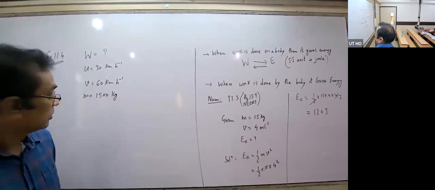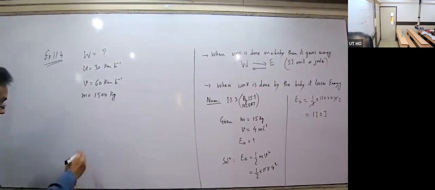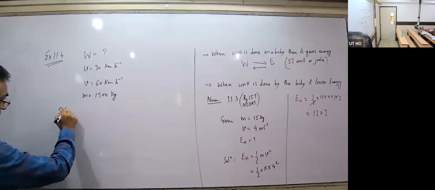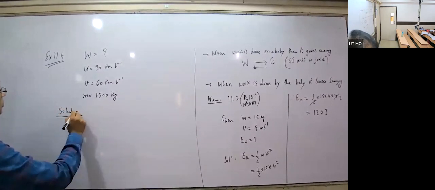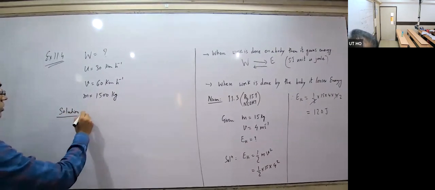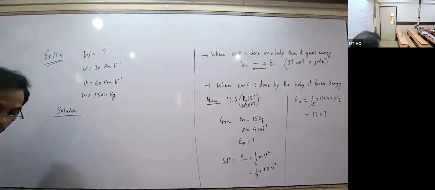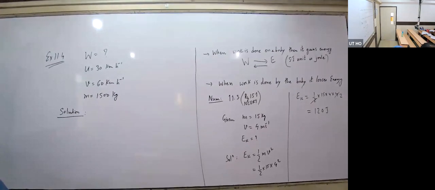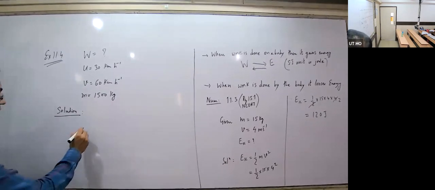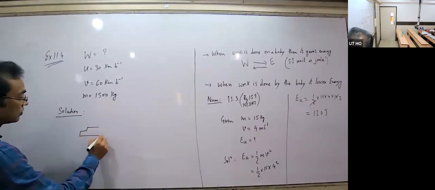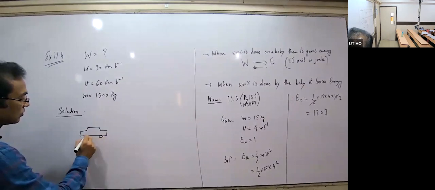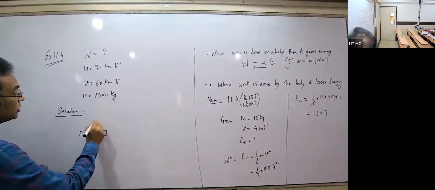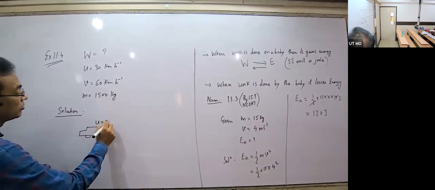Right? So what is given is the solution. So you have a car, right? So there is a car. So initially it is moving with velocity 30 km per hour.